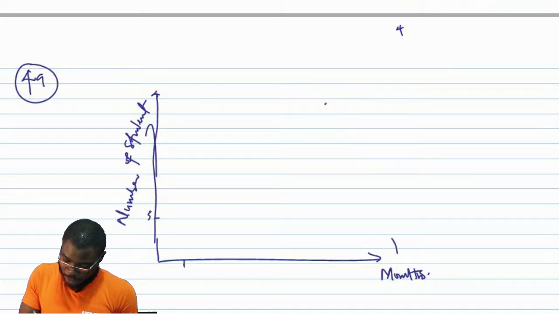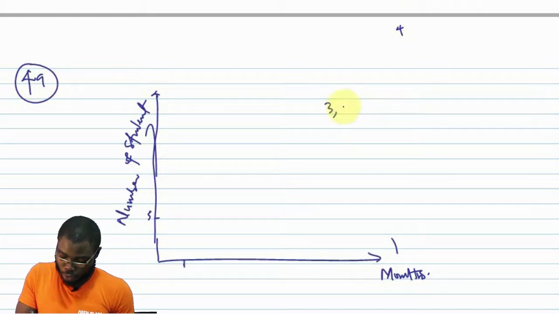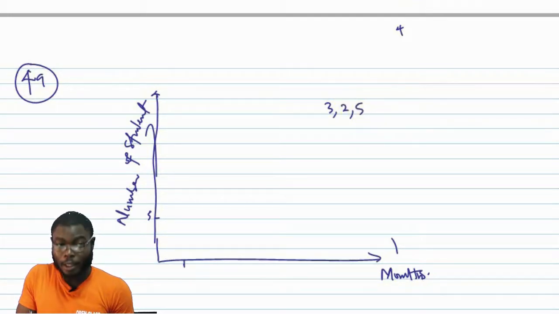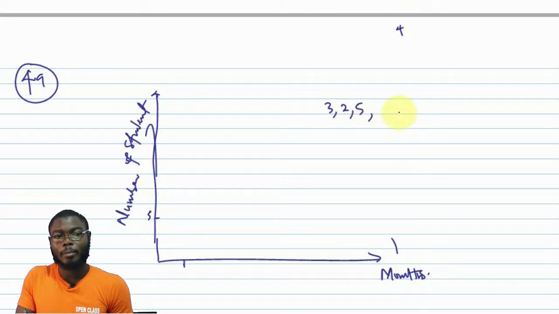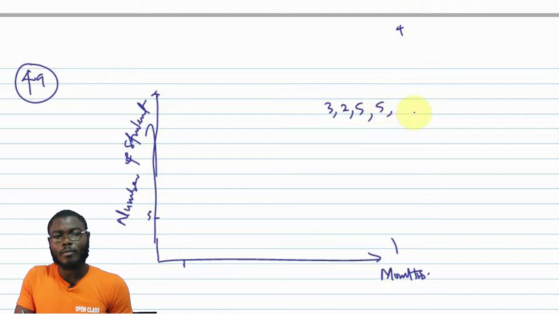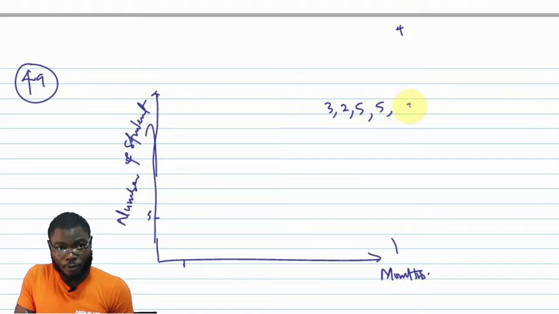So let's start counting it. 3, and then 1 is at 2, and then 2 is at 5, and then 3 is at 5, and then 4 is at 6, 5 is at 10.